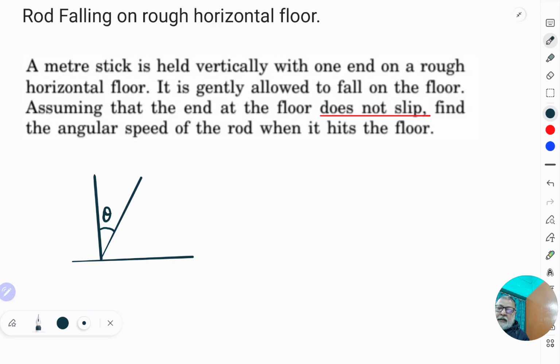At this instant, it is rotating with an angular velocity which is d theta by dt or theta dot, and we have to find out an expression of theta dot as a function of theta.